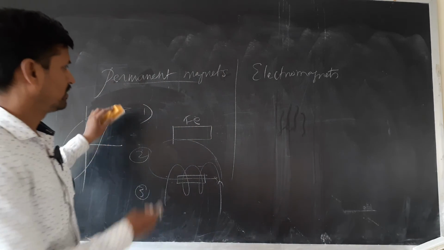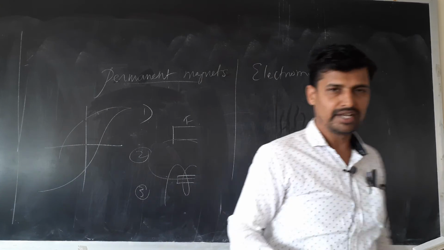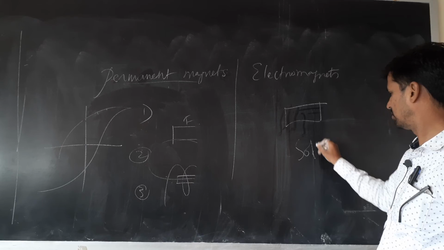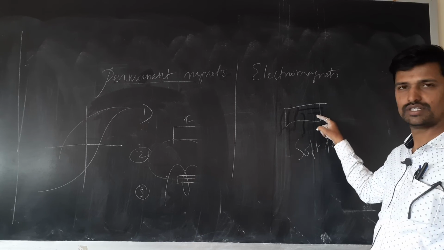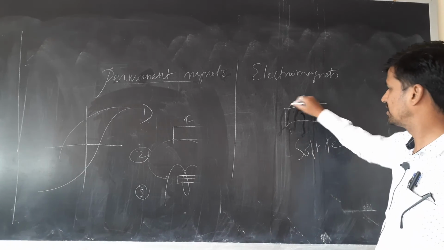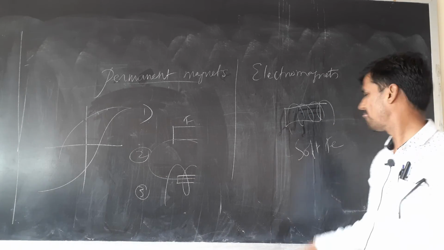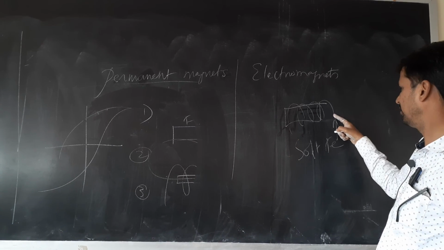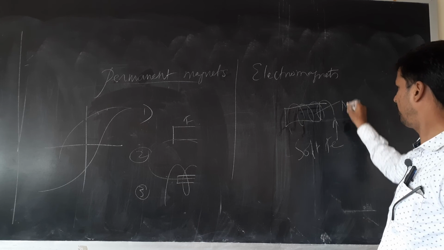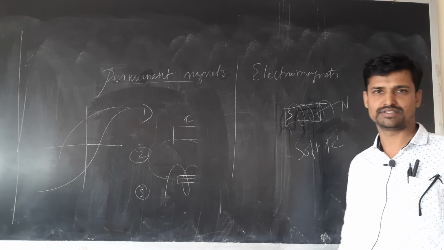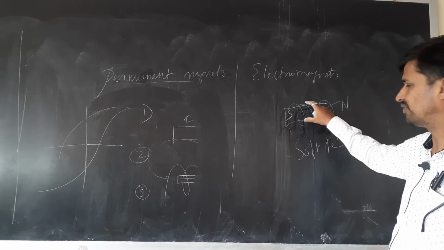Next we'll see, children, what electromagnets are. Electromagnets are soft iron cores placed in a solenoid. Take the solenoid, place the soft iron core in it. When the current is flowing, they get magnetized. When the current stops, they get demagnetized. So that property is very important.